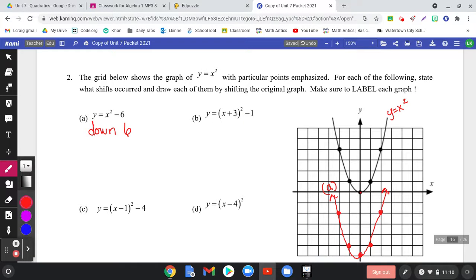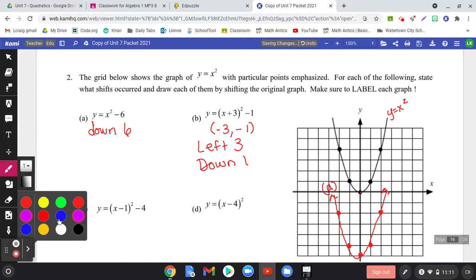Now with this one, you've got this +3 in parentheses with x, so your vertex is going to be -3, -1. Remember, change this sign, keep this sign, so that means we're going to be going left 3, down 1. And again, you could put it right into your calculator if you weren't sure. So each point, I'm going to start here.